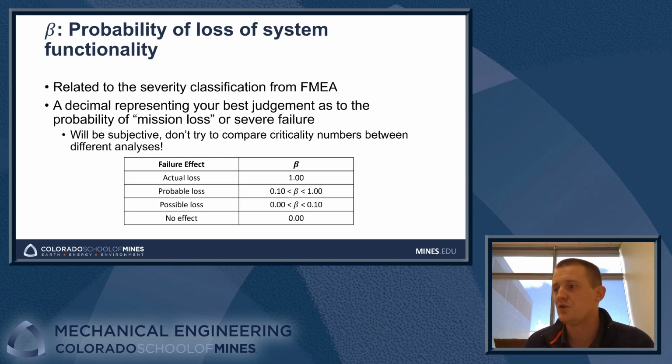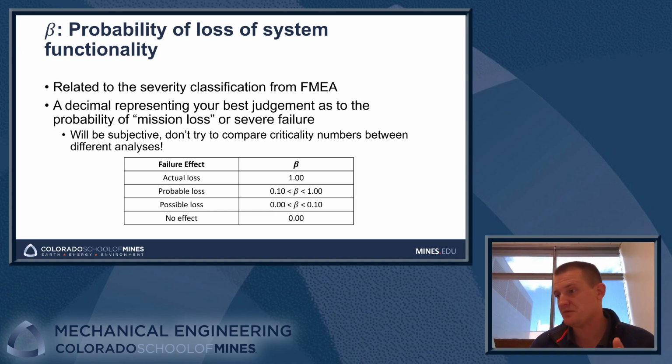All right, so beta, that's our probability of loss of system functionality. So this is related to the severity classification that you did in your FMEA analysis previously. And essentially what we do is take the severity of our failure and translate it into a decimal value that represents our best judgment as to the probability of a mission loss or severe failure of our system if a given failure mode occurs.